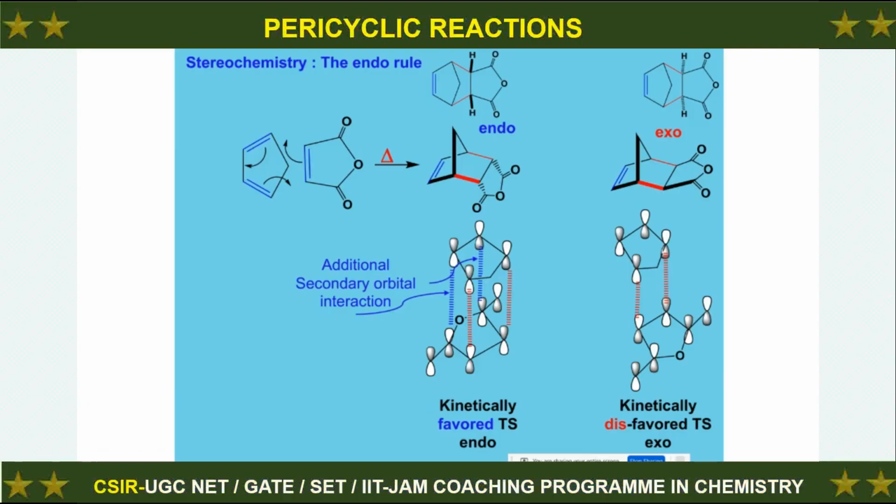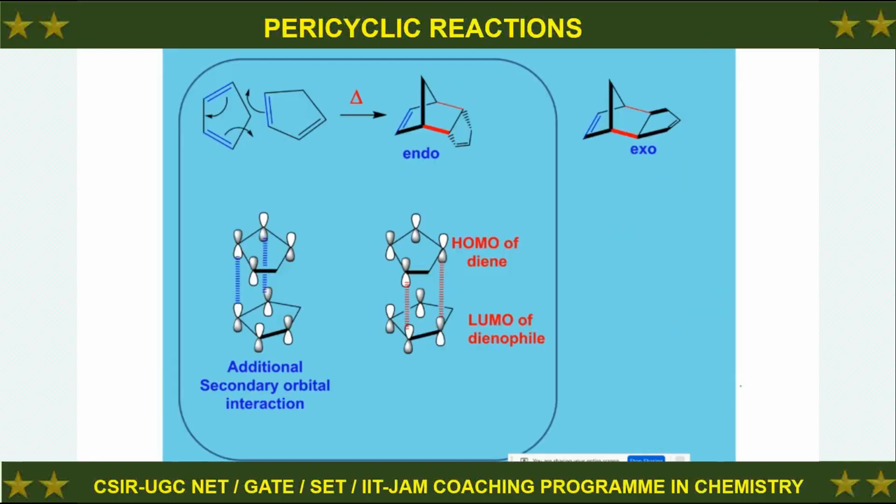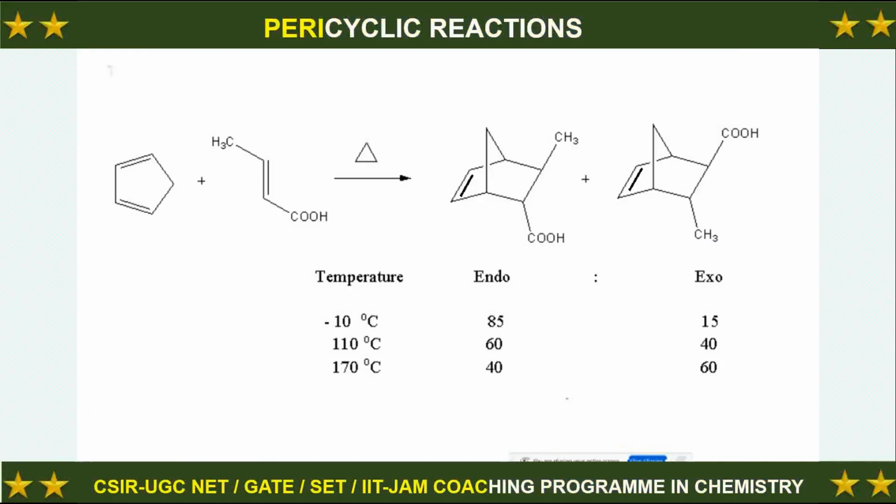So these will end up with the exo product and this is the endo product. But the kinetically favored transition state is the endo one. That's why we are getting endo more. This is the dimerization of cyclopentadiene. That also gives the endo product, not the exo, because of the interactions between these double bonds. Okay.